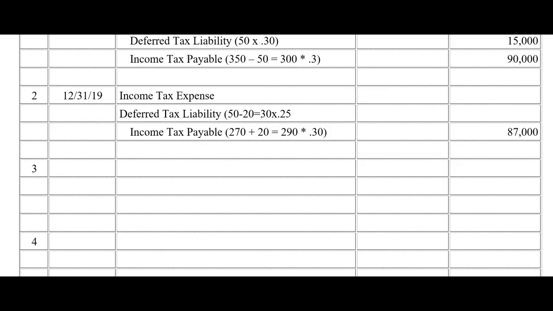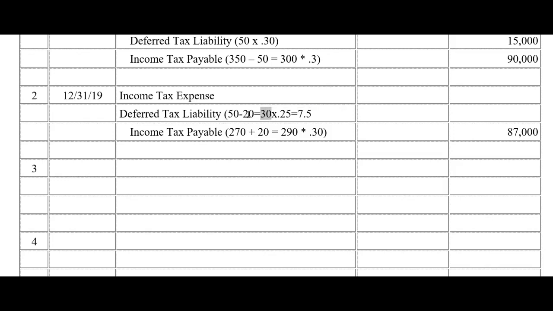So when we multiply that out, 30 times 25% gives us 7,500, 7.5.